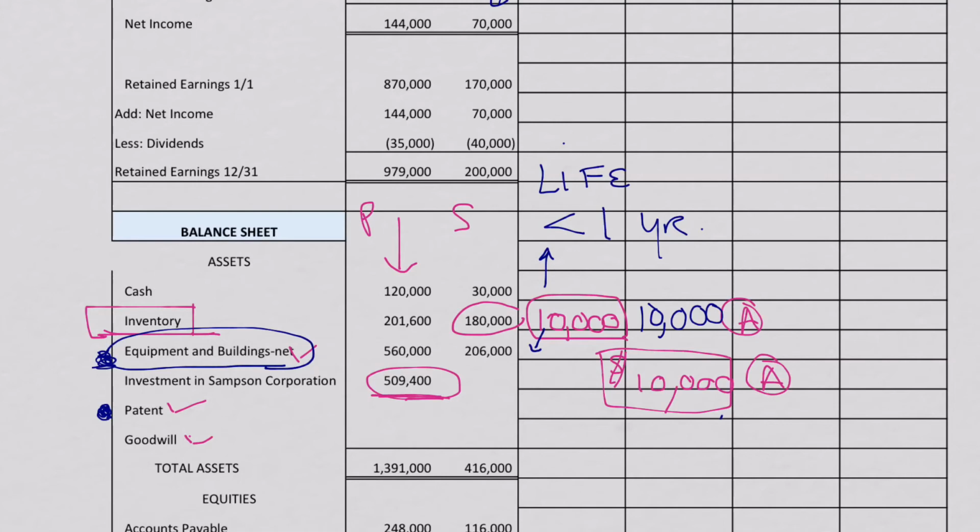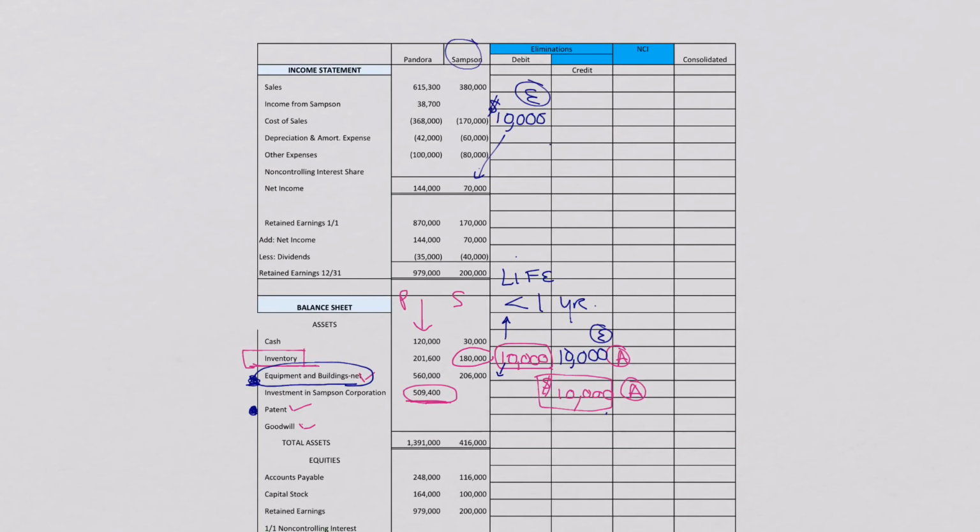So here we just simply credit, and that becomes our E entry over here, balancing out the E up here with the E down here. And the difference in the inventory is now gone when we get out here. There's no additional inventory because it's been sold off as part of the cost of goods sold. It becomes part of the cost of goods sold here, reducing the consolidated net income.